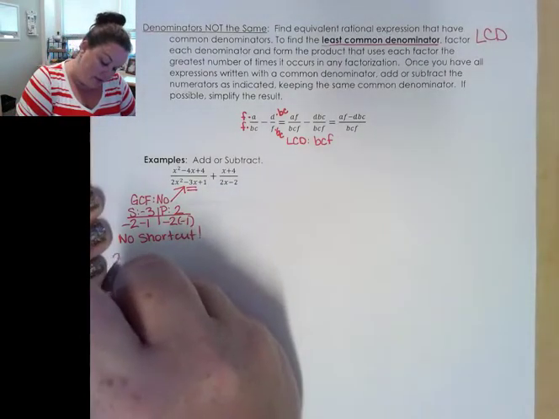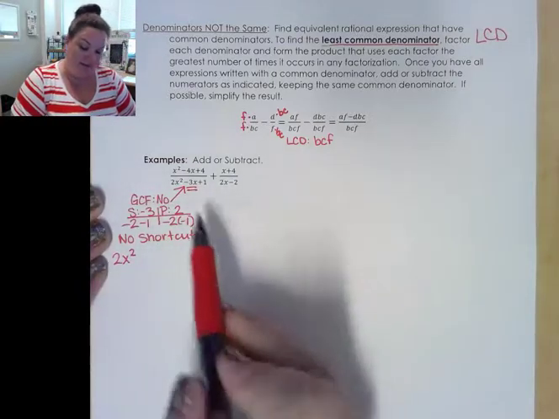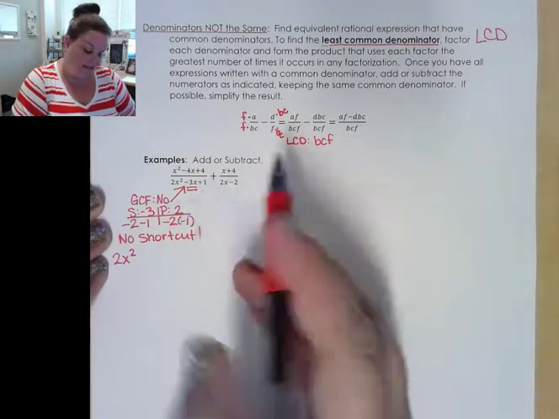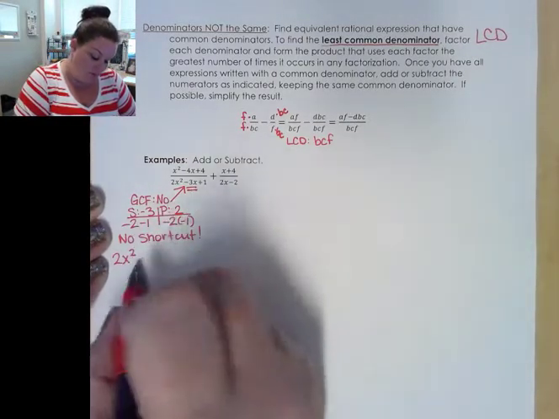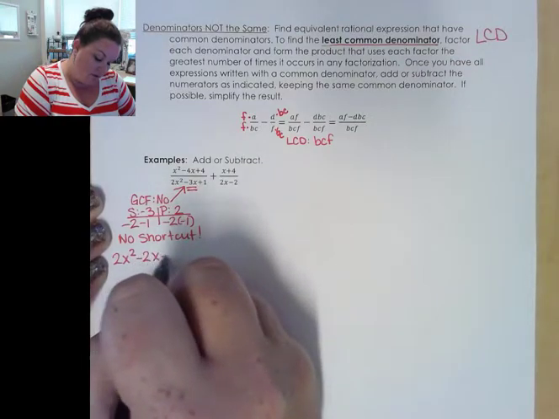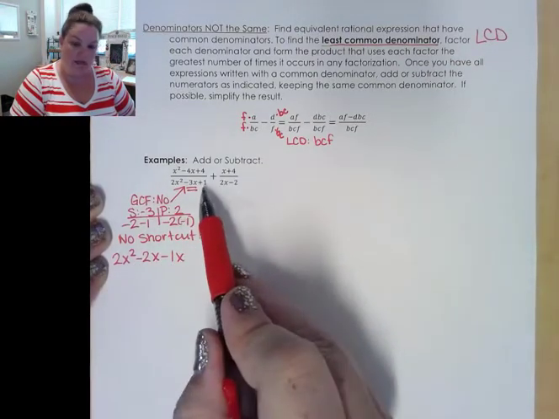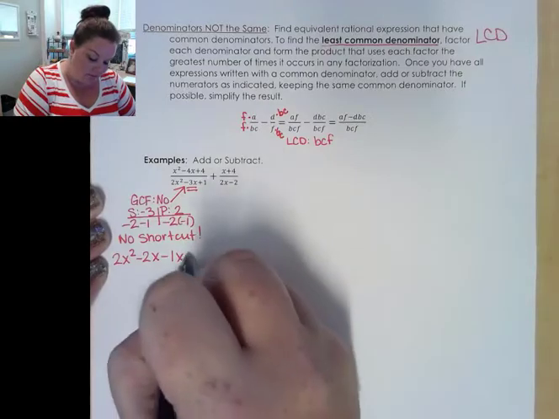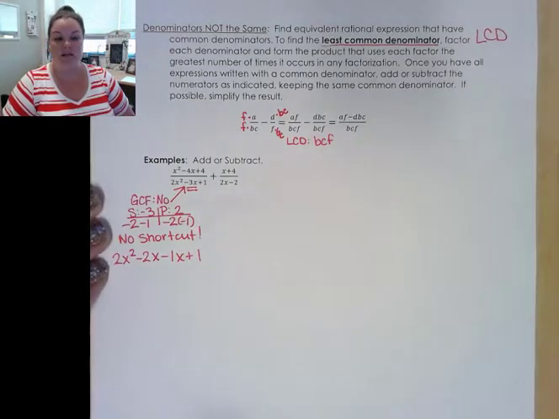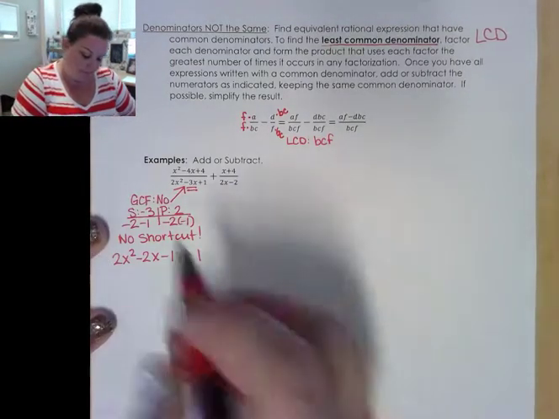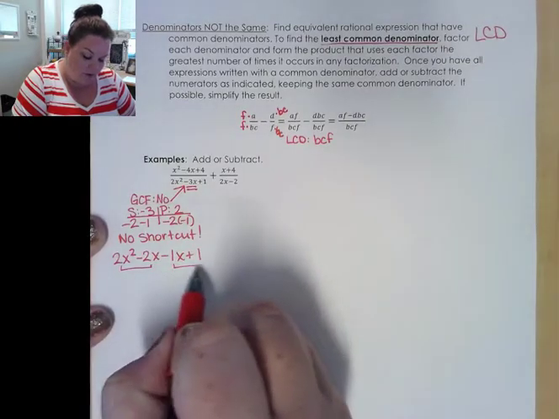So I have my 2x squared, and then instead of writing -3x, I'm going to replace it with the 2 numbers from my chart, -2x, -1x, and then my constant term was a +1. Okay, so now I can do grouping. I'm going to group the first 2 together.